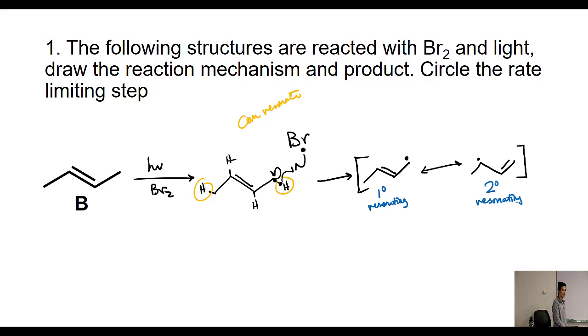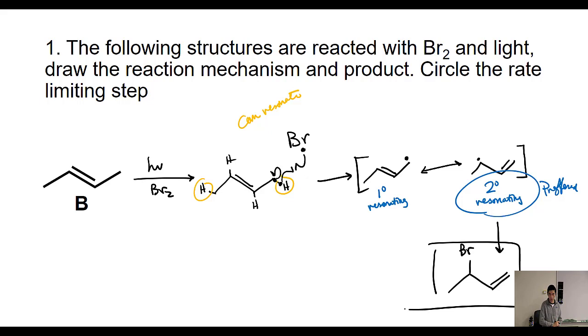Which one is the preferred position for a radical? Do I want to be primary or secondary? Secondary, okay. This is going to be preferred. Okay. So I'm going to choose the secondary one as the one I work with. And I just put my bromine here. That's it.